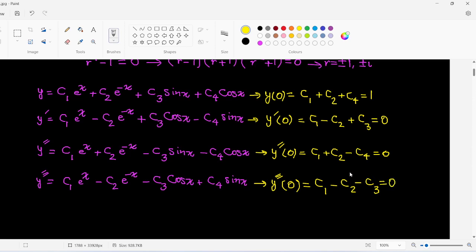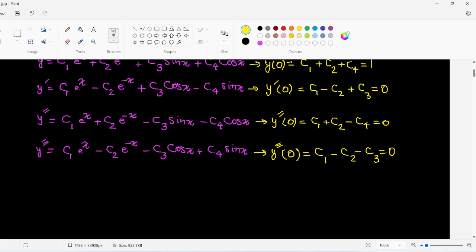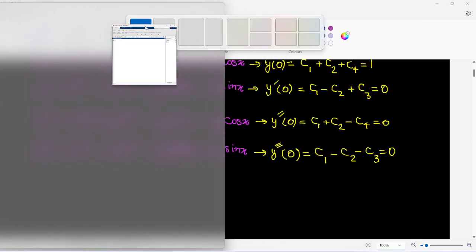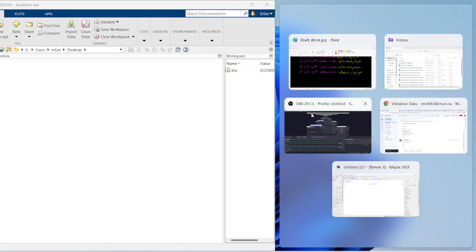So here we get a simple system of linear equations, 4 equations, 4 unknowns. And to solve that, I just get some help from the software.